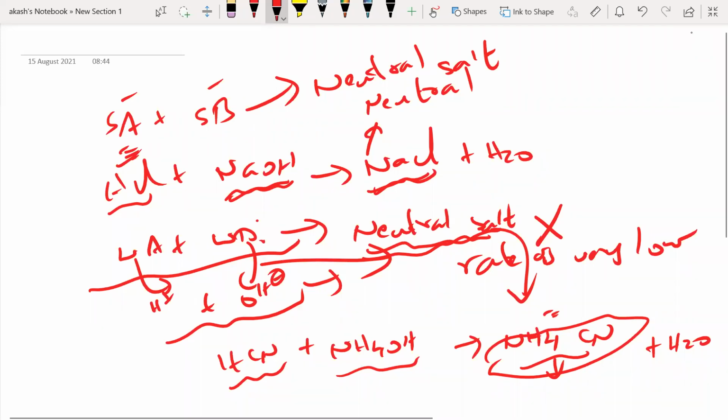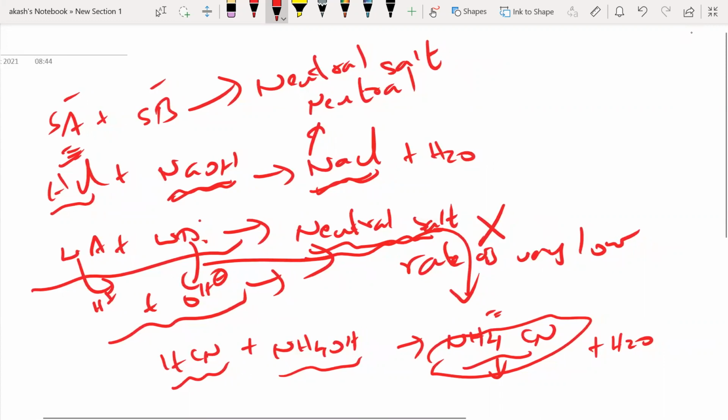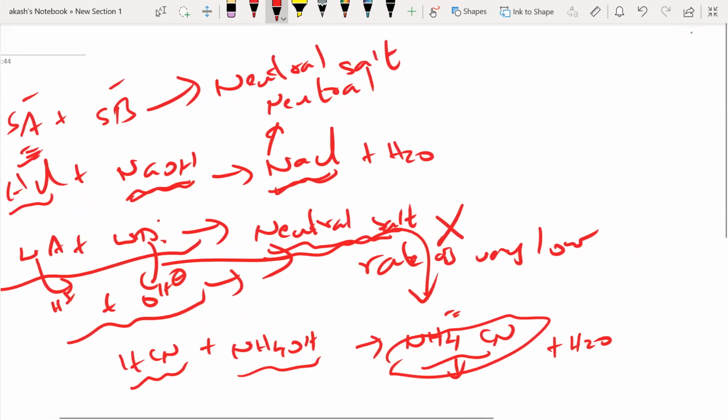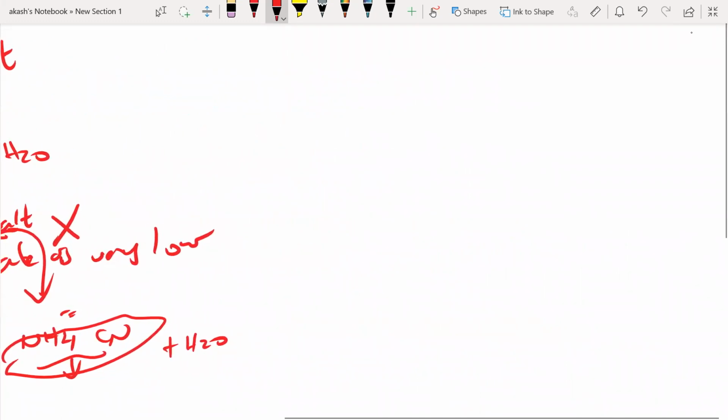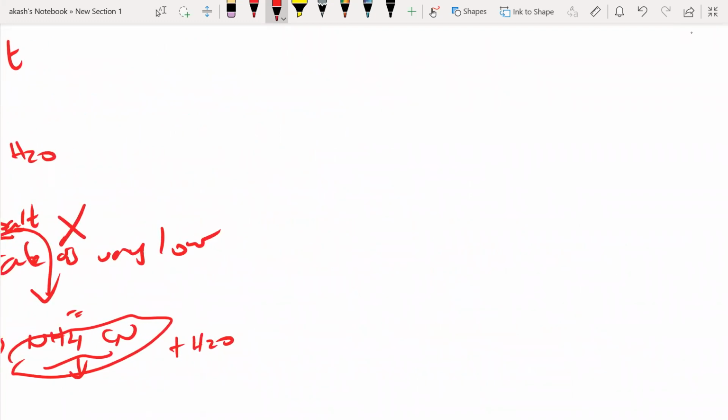Okay, cool. Any other questions anybody has from this? Okay, fine. So if there are no more questions, that's about the salts. Now there are some useful salts we use in our day-to-day lives. What we saw till now is how to make salts, what are the different forms of salts, and how you make those different forms of salts like acidic, basic, neutral and amphoteric.